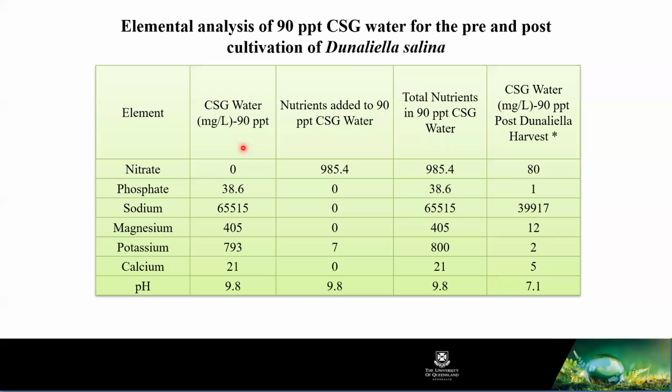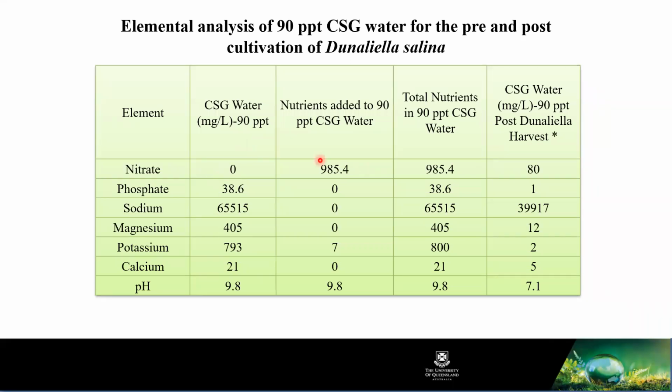When you do the major elemental analysis, we came to know it has no nitrate. Other than that, it has a good amount of phosphate, sodium, magnesium, potassium, and calcium. You don't need to add anything extra for algae cultivation except nitrate. It's not at all present in the CSG water.